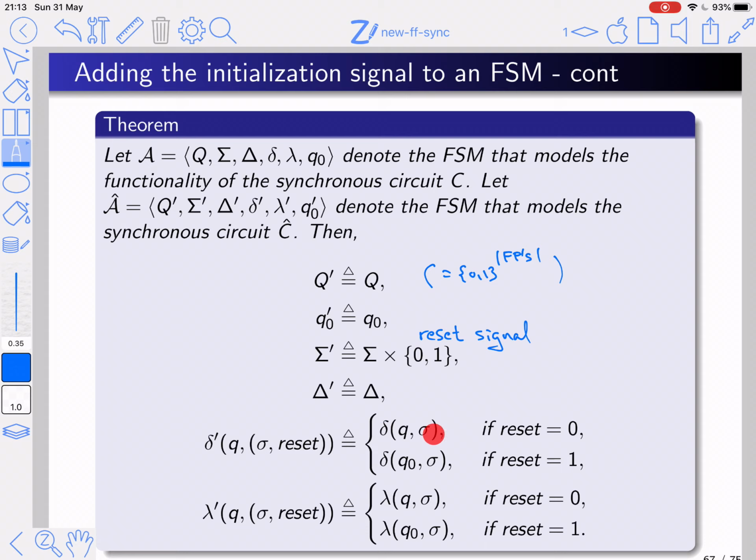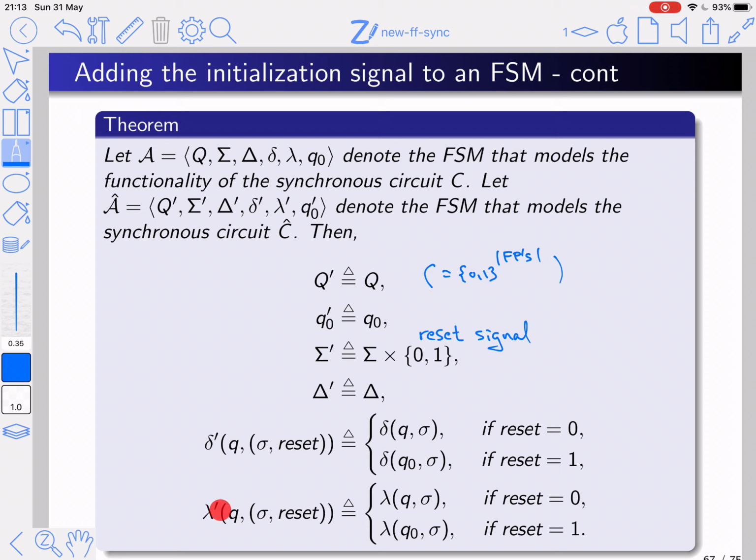You do the same transition as in A as you did before because the reset is 0. If the reset is 1, then in effect you have an immediate transition to Q0, and now you do what A does if it were in Q0 and you had the same input sigma. So delta prime of Q, comma, sigma, comma, 1 is delta of Q0, comma, sigma. This is if the reset is 1.